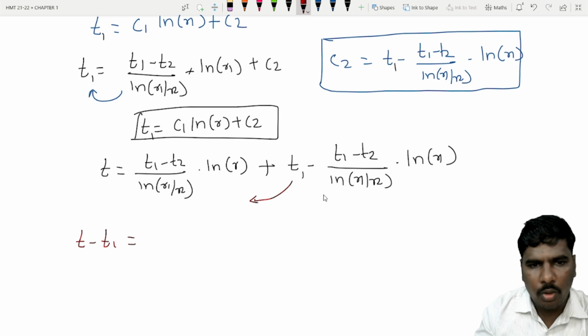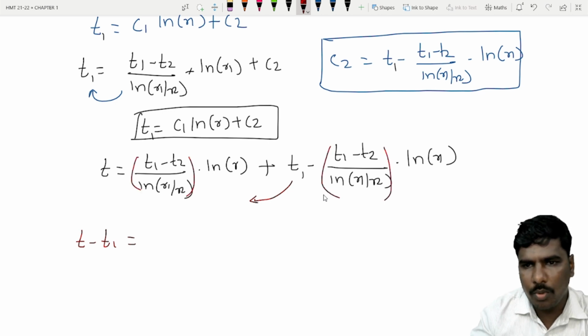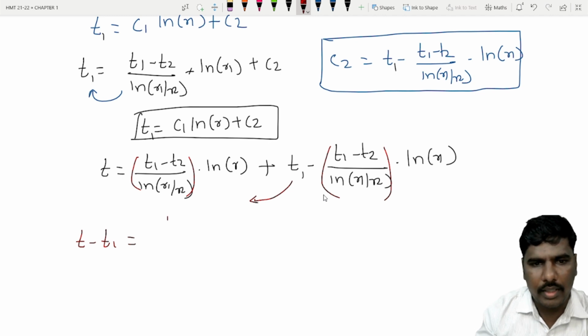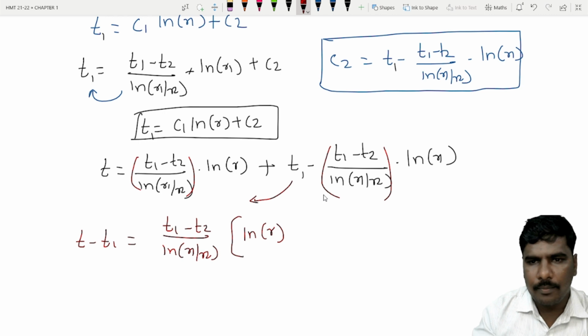The common part is (T1 - T2) upon ln(R1/R2), so I am taking that part as common: (T1 - T2) upon ln(R1/R2), and inside the bracket now remaining ln R - ln R1.